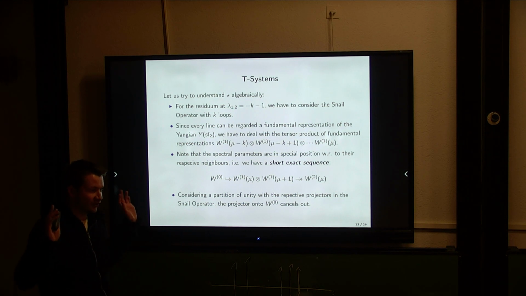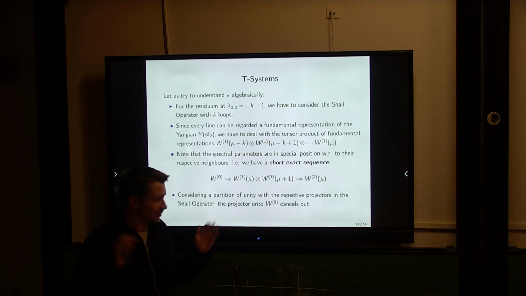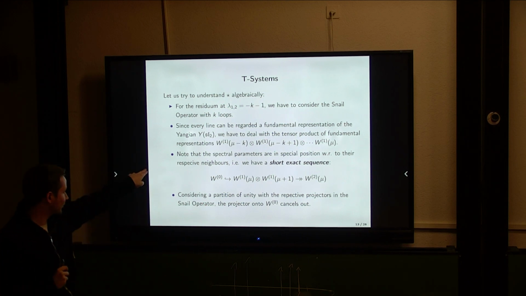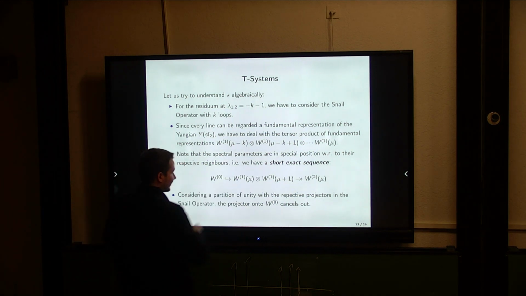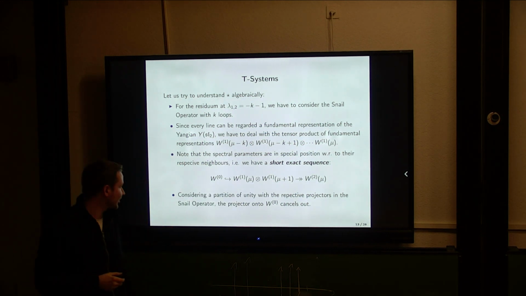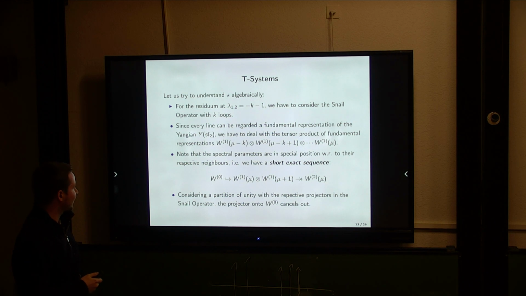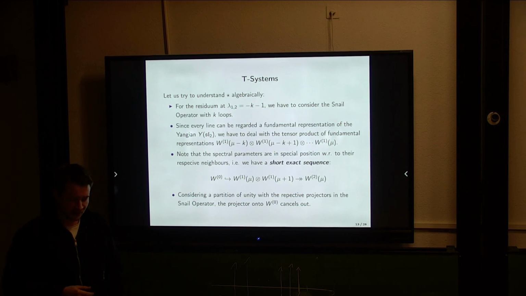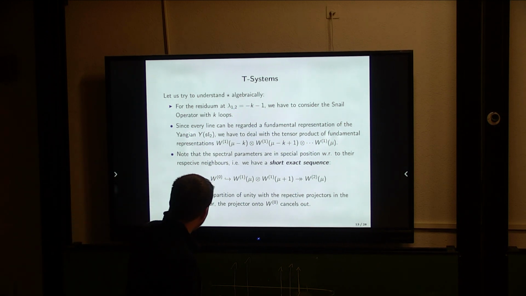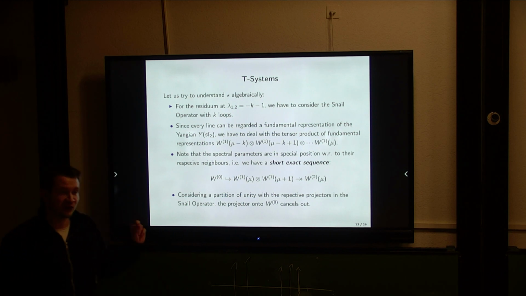So the first Kirillov-Reshetikhin module is just a fancy way of writing spin 1/2. So what we have is a tensor product of spin 1/2 representations, and the loop parameters are written in the argument. So mu minus k plus 1, and so on until mu. The funny thing is that these spectral parameters are actually in special position.